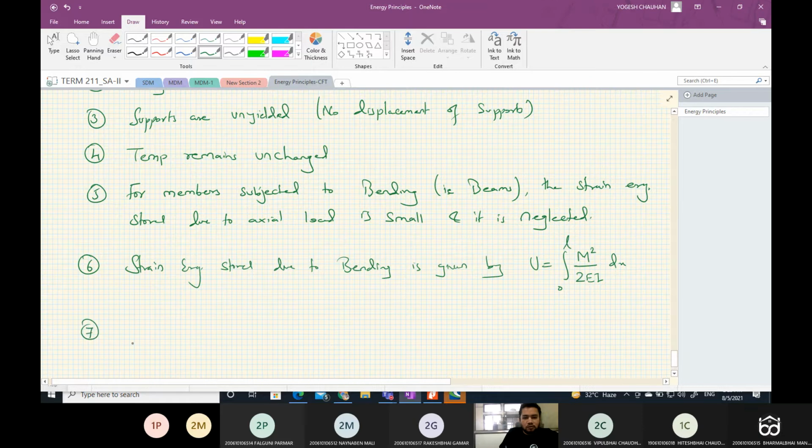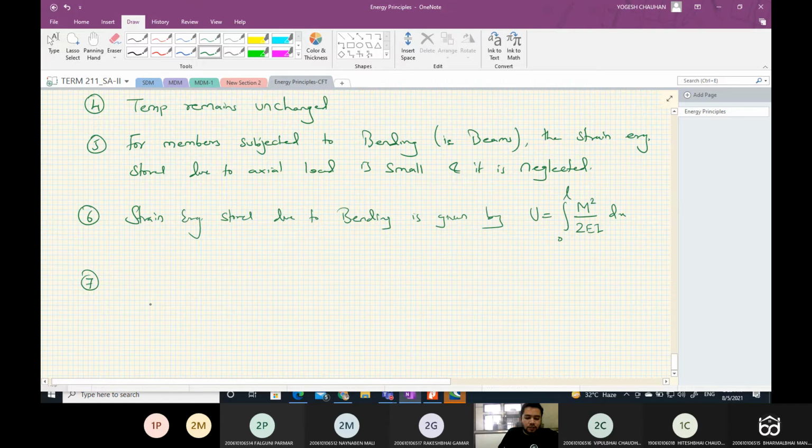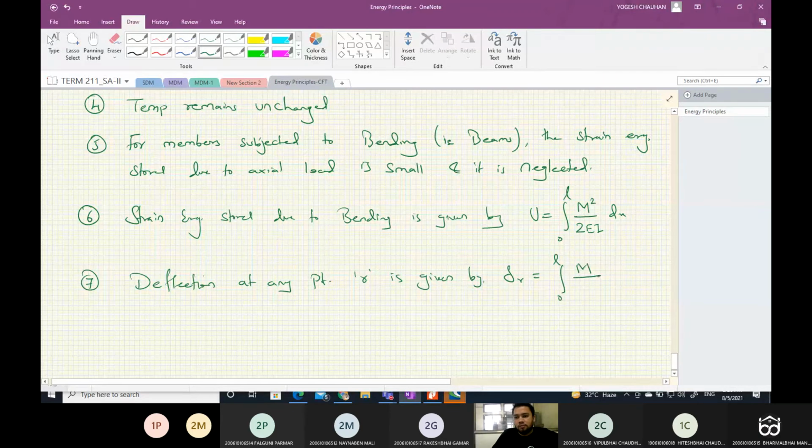And number 7, the deflection at any point R is given by delta R is equal to the integration from 0 to L of M by EI times del M by del P_R times dx.